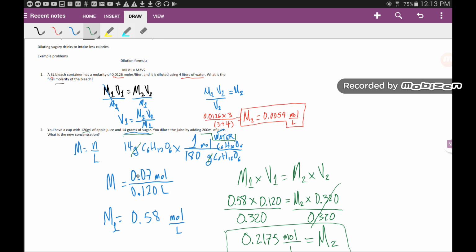We calculated the 0.07 moles. We divided it by the initial volume, because that's what gives us molarity 1. Then we can calculate molarity 2, because we know volume 1, volume 2, and molarity 1. Then we can find out this second molarity.